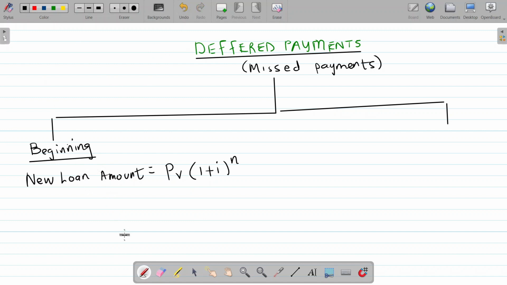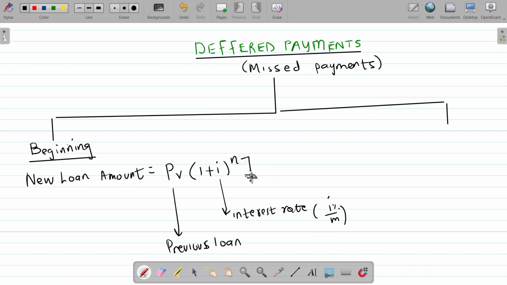This is the new loan amount, and PV is your previous loan amount. Your I is your interest rate, and remember, it could be compounded. And your N is your number of missed payments.